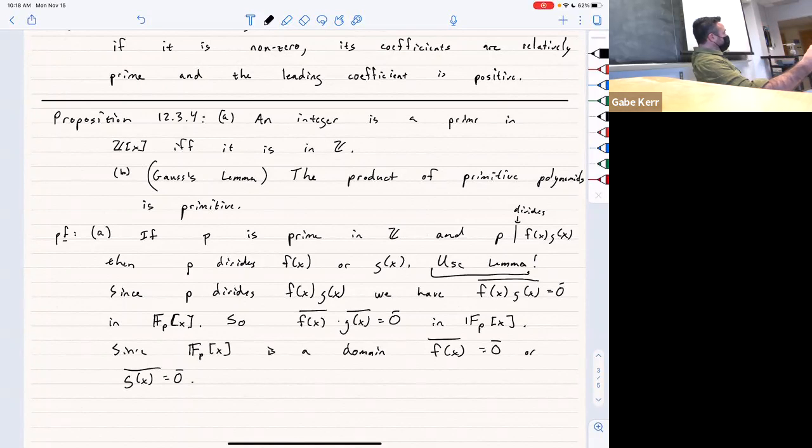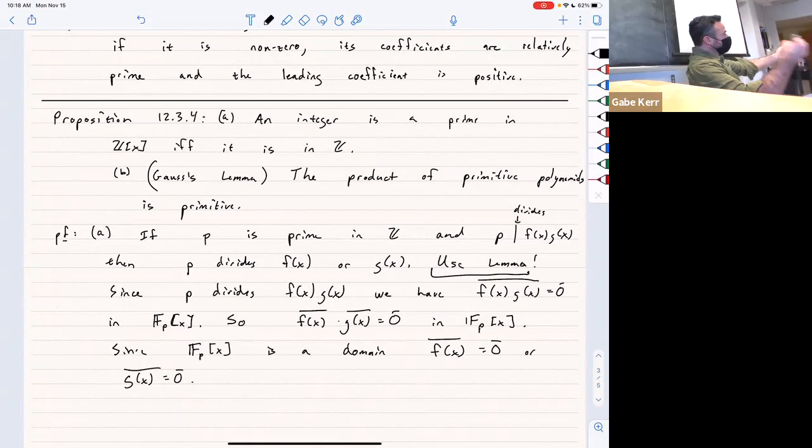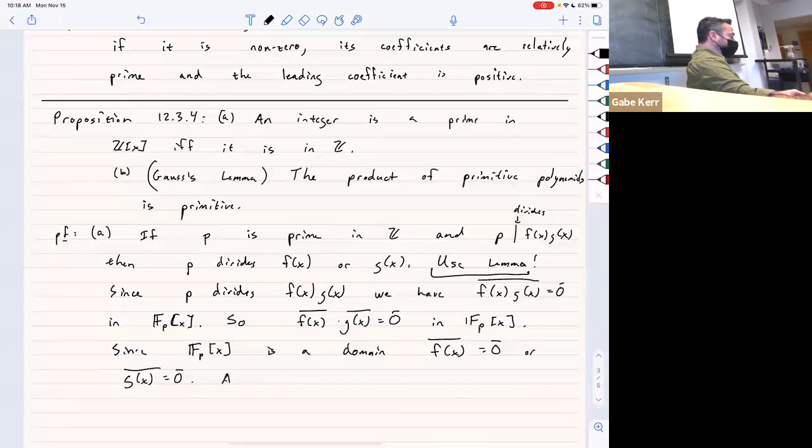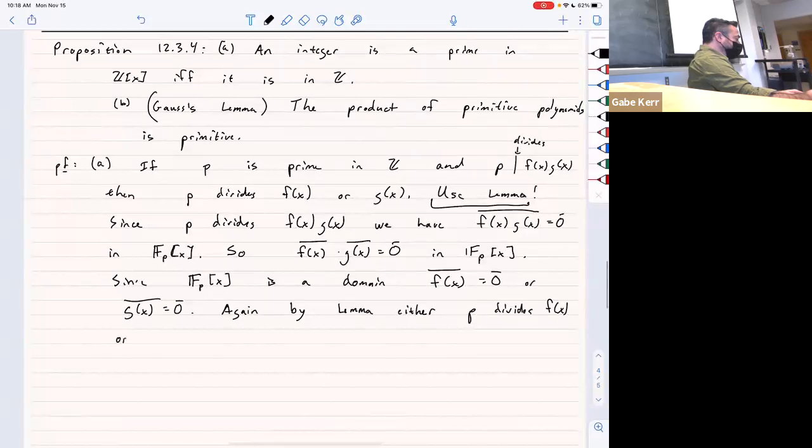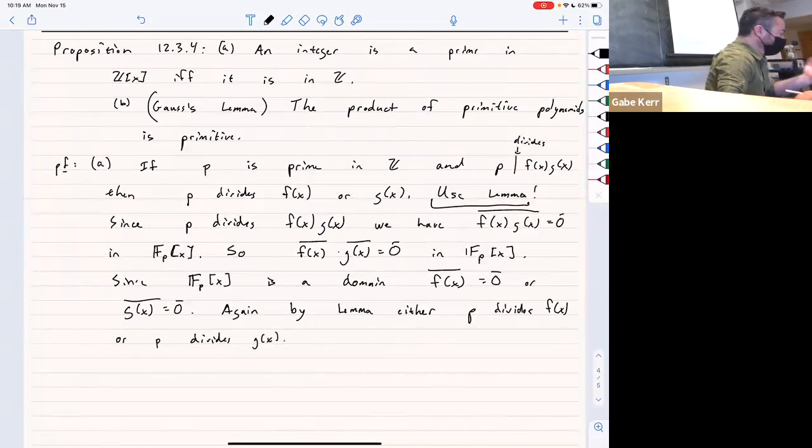Again, using the lemma, we have an equivalence between f of x equaling 0 in F_P[x] and P dividing f. So either P divides f or P divides g. That's A. I mean, as I said, the other version is obvious. If P is prime in Z of X, then taking constant polynomials shows that P is prime.